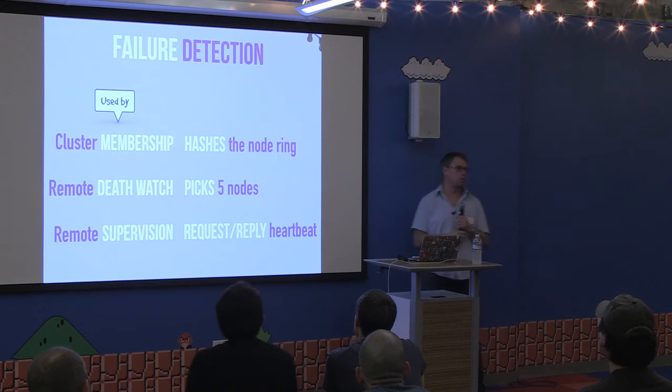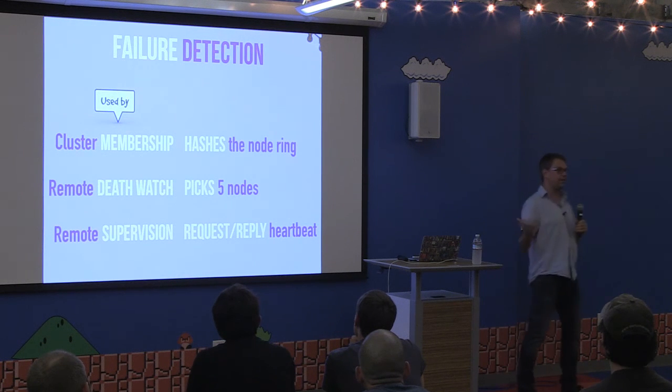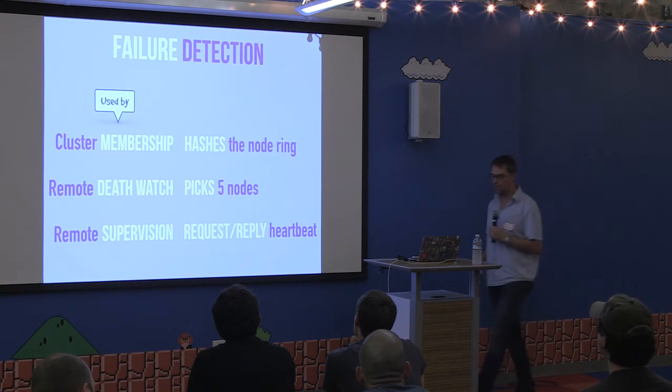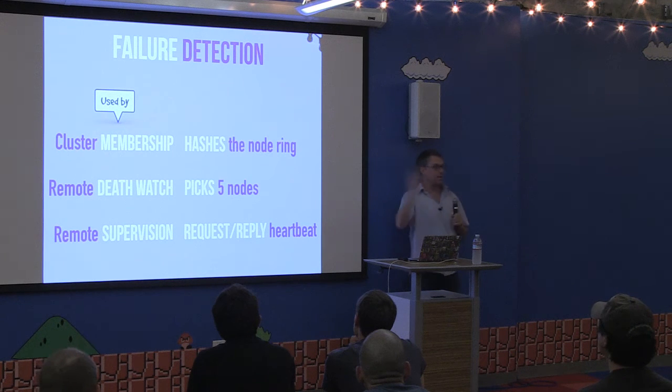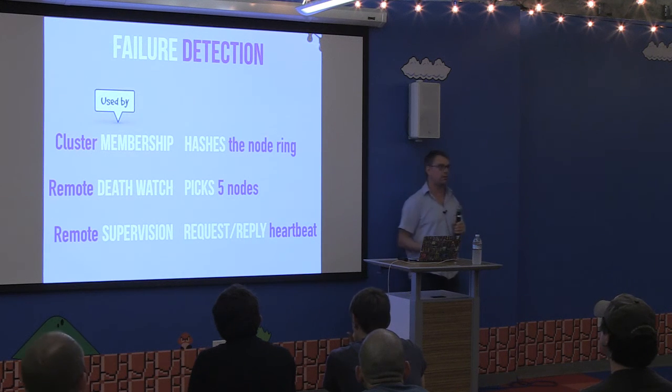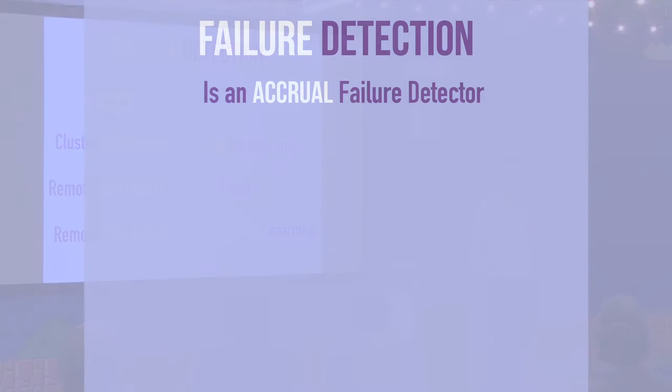That used to not work across the cluster very well, just because we were lacking a reliable failure detector. So once we had that in place, that just works. You can just link to a remote actor, and it will very reliably work.